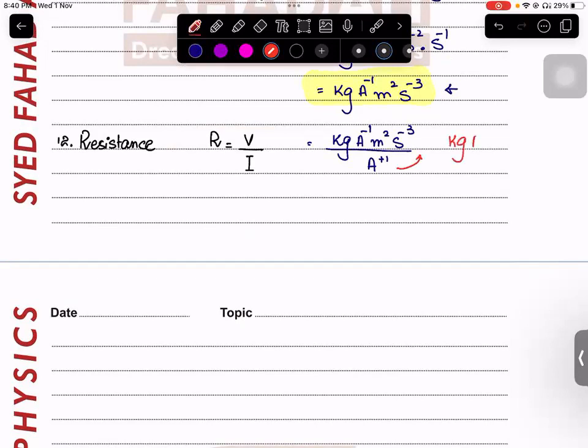This will become kg A minus 1 A minus 1 m square s minus 3. So this will be kg A minus 2 m square s minus 3. Is this clear? This is the unit of resistance. What we used to say ohm is the standard unit, but in terms of base units, this is the unit which you will get. Yes sir, it's clear.